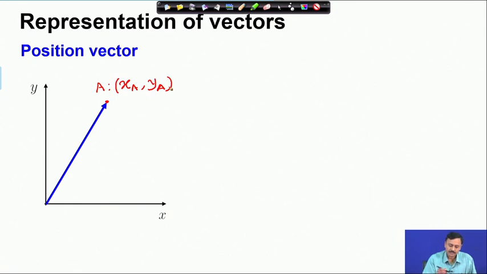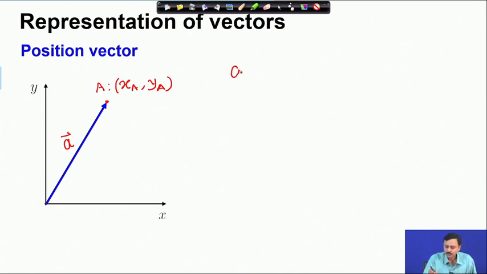So, the position vector is a vector that represents the position of this point A in a certain coordinate system. Here I have chosen the planar Cartesian coordinate system. So, let me represent this position vector by this symbol lowercase a with a vector.